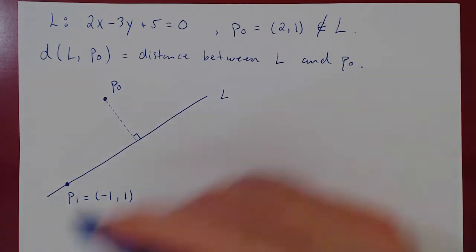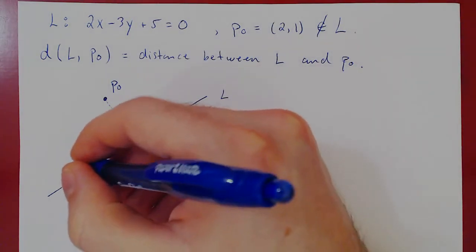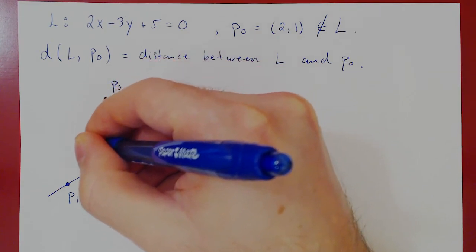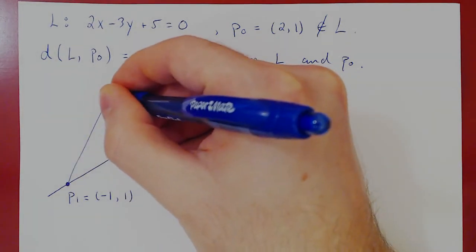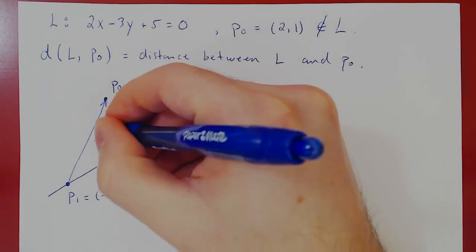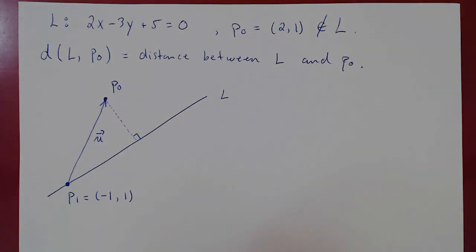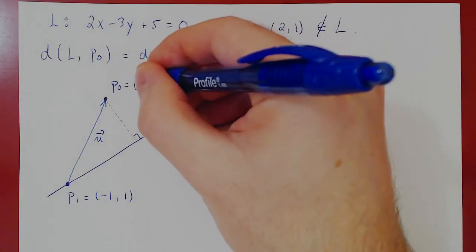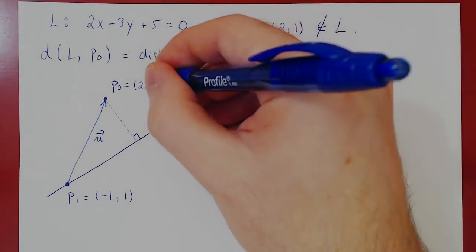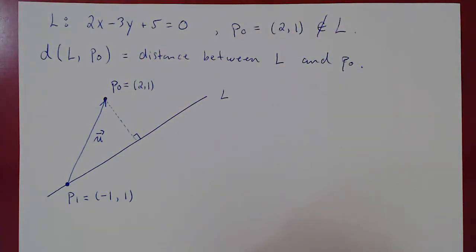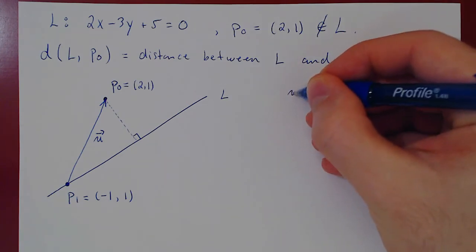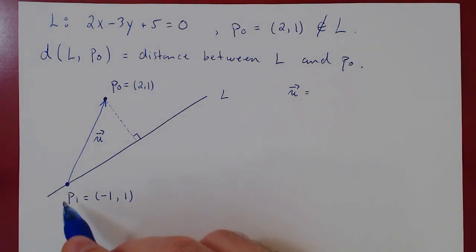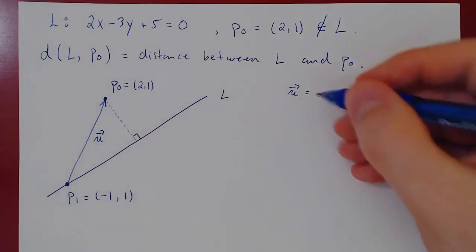Now, we can naturally connect P1 with P naught and form the vector that we'll call U. Let us find its coordinates. The coordinates of P naught were 2, 1. So the vector U is quite simply the vector P1 being the initial point, so it's the vector P1P naught.